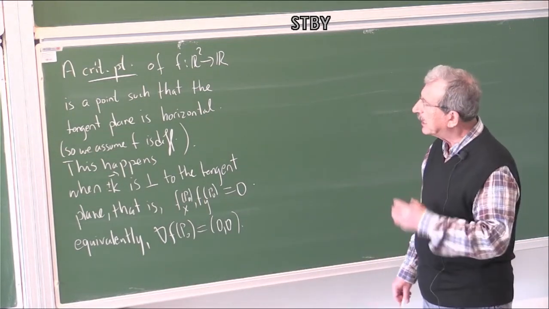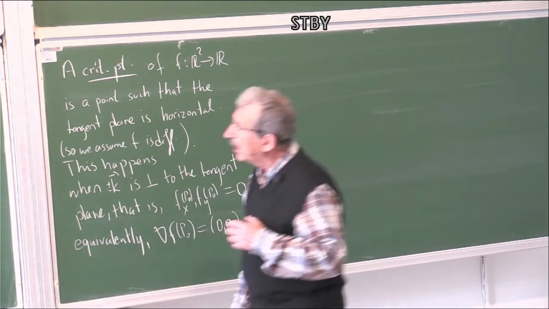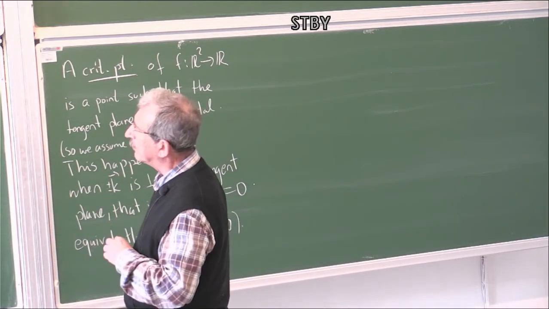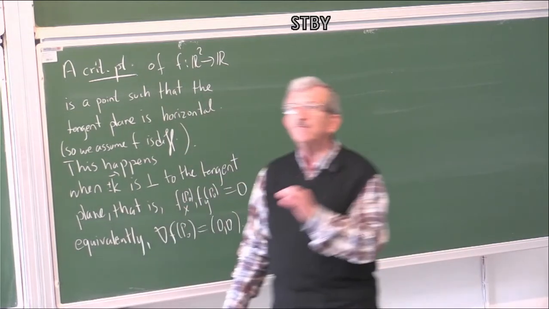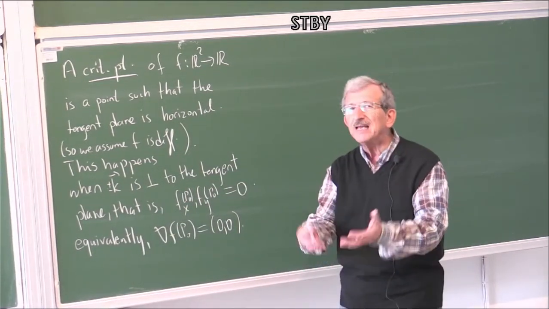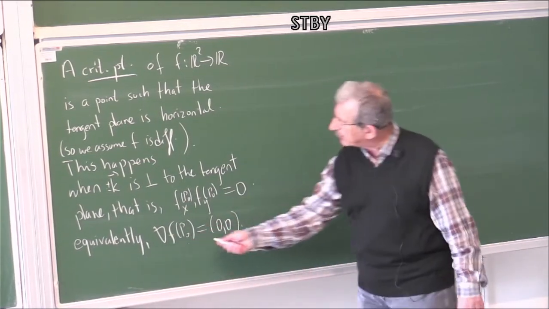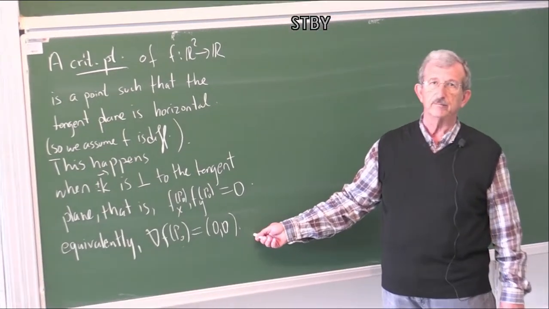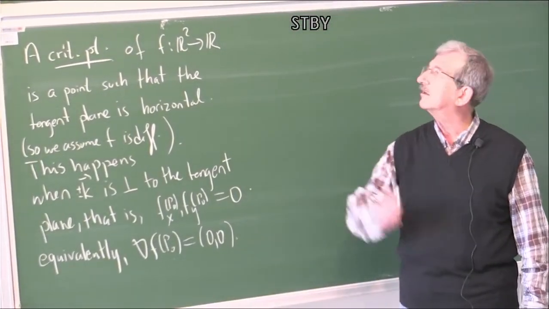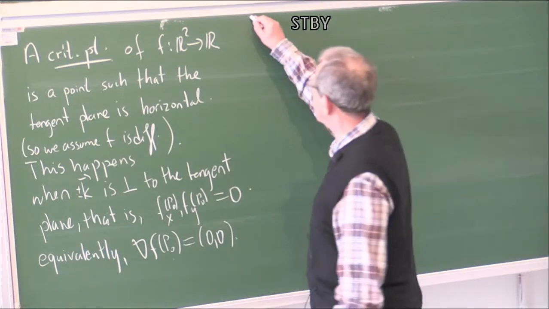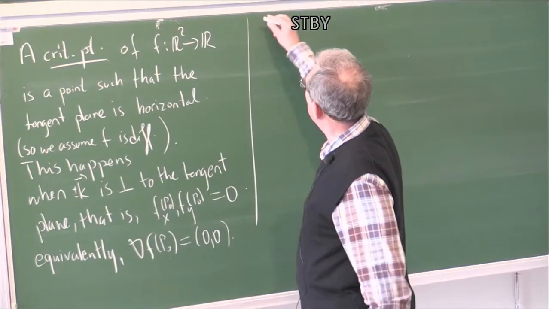Now this says that, comparing it with one variable, the derivative becoming 0 is replaced by the gradient being the 0 vector. So these are critical points. Now, an observation.